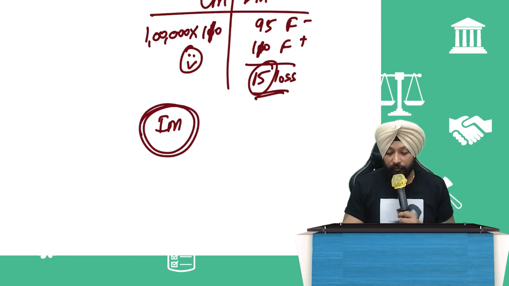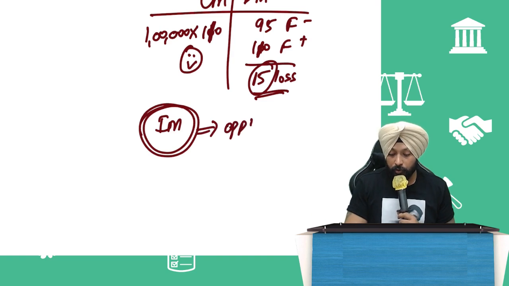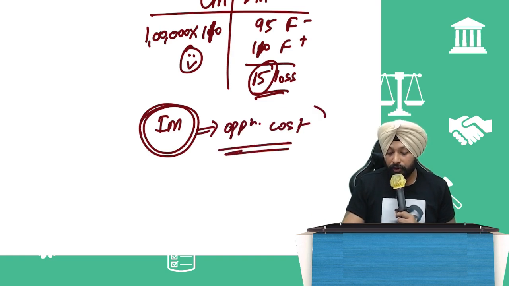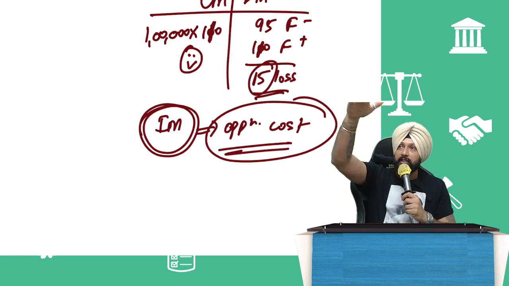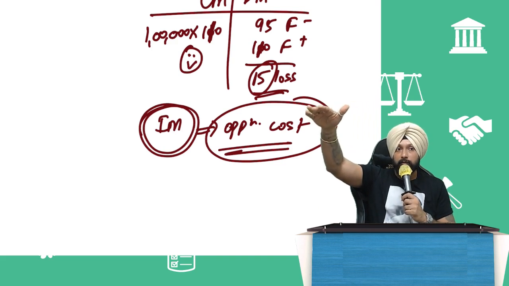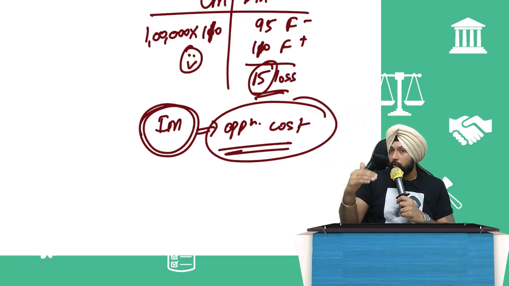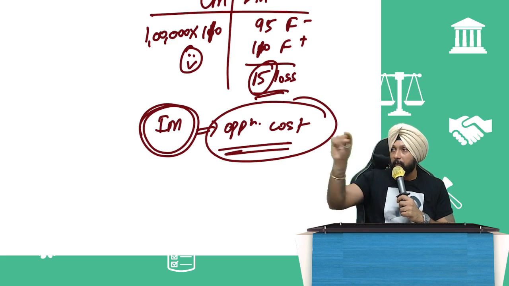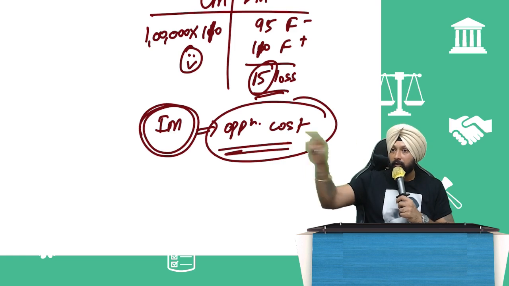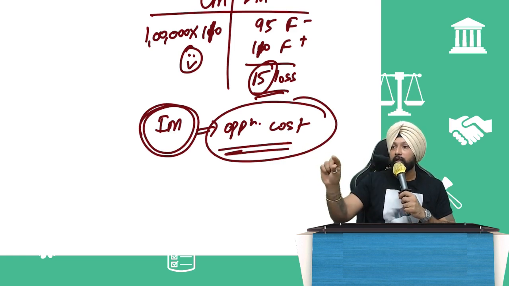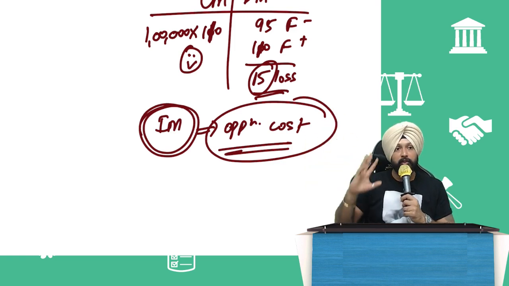If they give you the rate of initial margin, you should calculate opportunity cost of that, because initial margin is to be paid upfront. So initially what you will do, decide whether to go long or short on futures. Step 3, you will find out the settlement amount, currency market, profit or loss on derivatives, future market, opportunity cost of initial margin. 3 things you calculate on maturity.